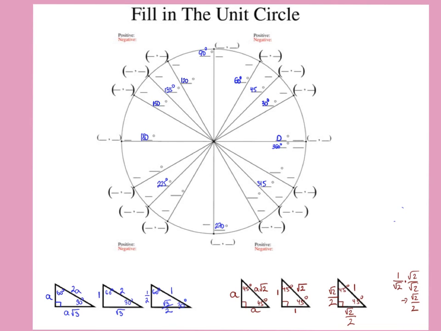Then 6 times 30 is 180. 7 times 30 is our 210 degrees. And then 8 times 30 is our 240 degrees. 9 times 30 is 270. 10 times 30 gives us 300 degrees. And then we go 11 times 30, which gives us the 330 degree measure.